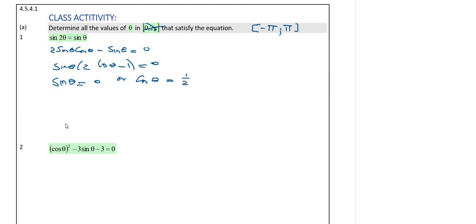Okay, so reference angle is 0 here. And remember, we're busy with radians. So the reference angle here will be 60 degrees, so this is pi over 3.